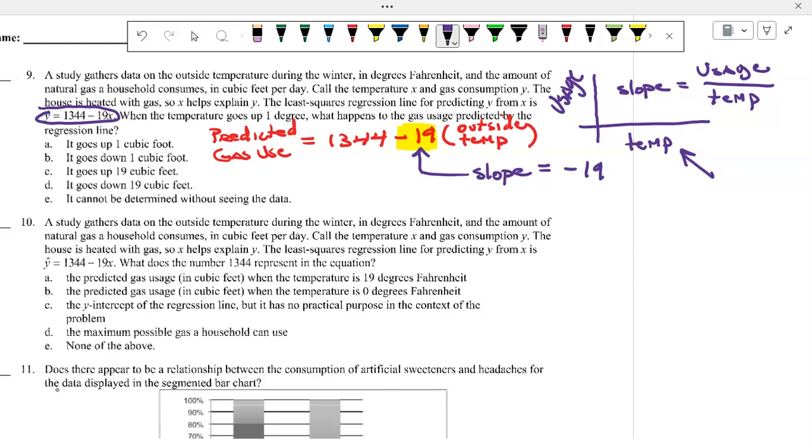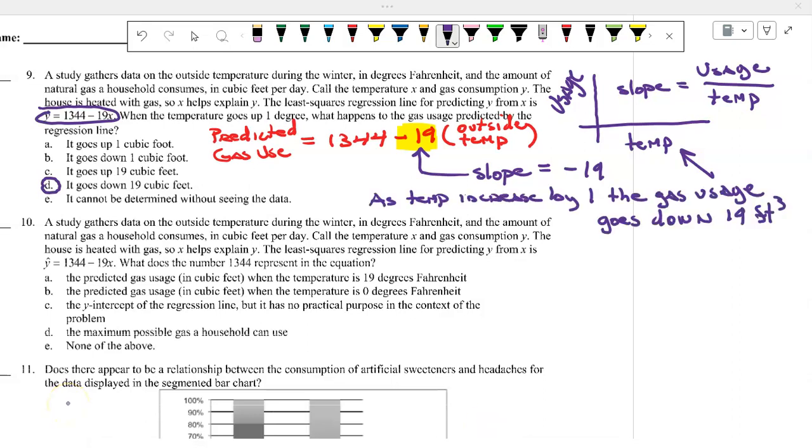What does the gas consumption do? And this tells you that. So as the temperature increases by 1, the gas consumption goes down, or decreases, 19 cubic feet. So as the temperature goes up 1, the gas consumption goes down by 19 cubic feet.